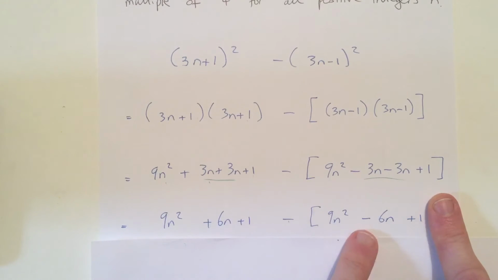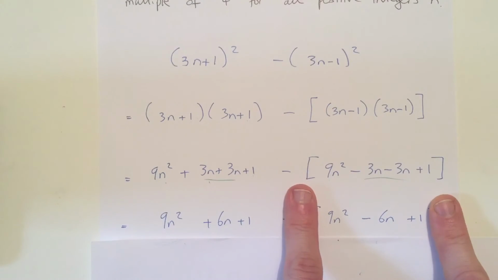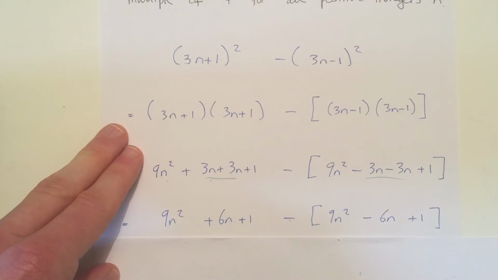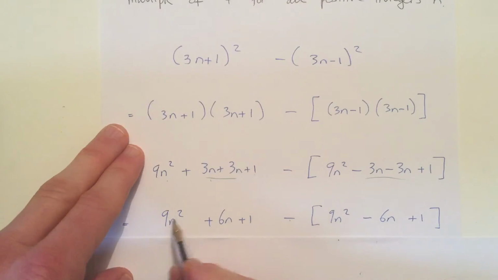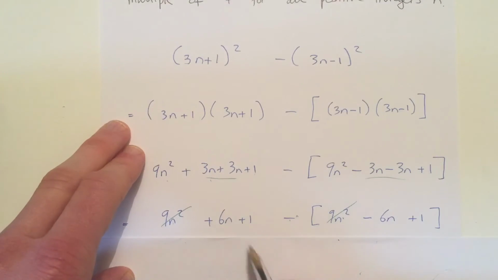But by subtracting the minus 6n, I'm actually going to add that 6n, and that's the mistake that a lot of people make. If you don't have these square brackets, you forget about the minus minus, so be very careful with that. So 9n² minus 9n², they cancel out.